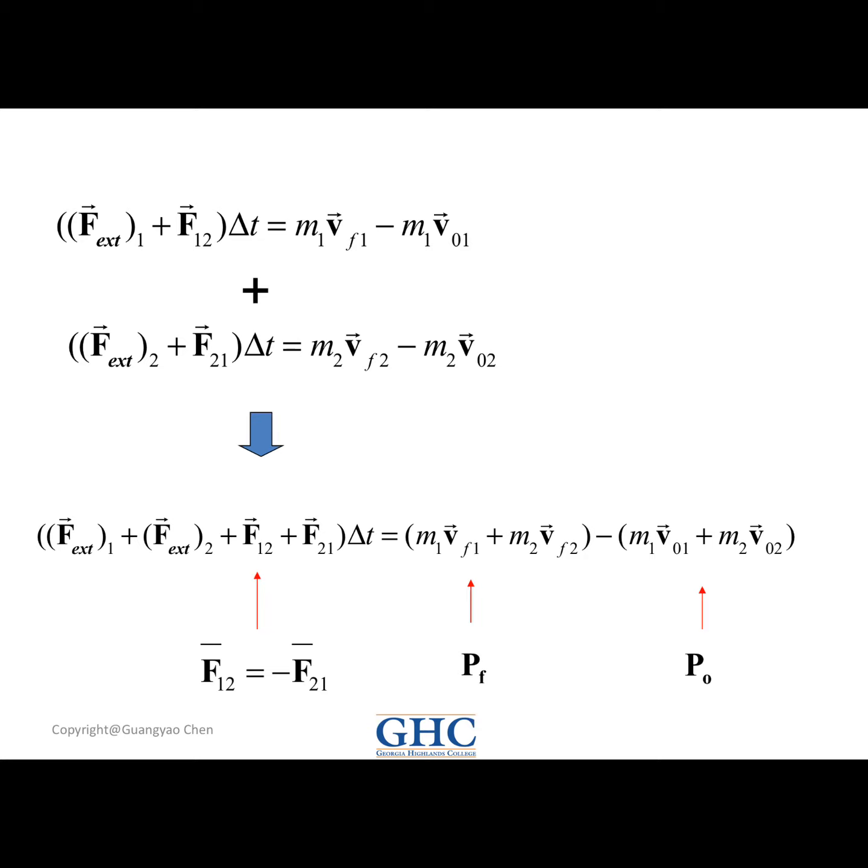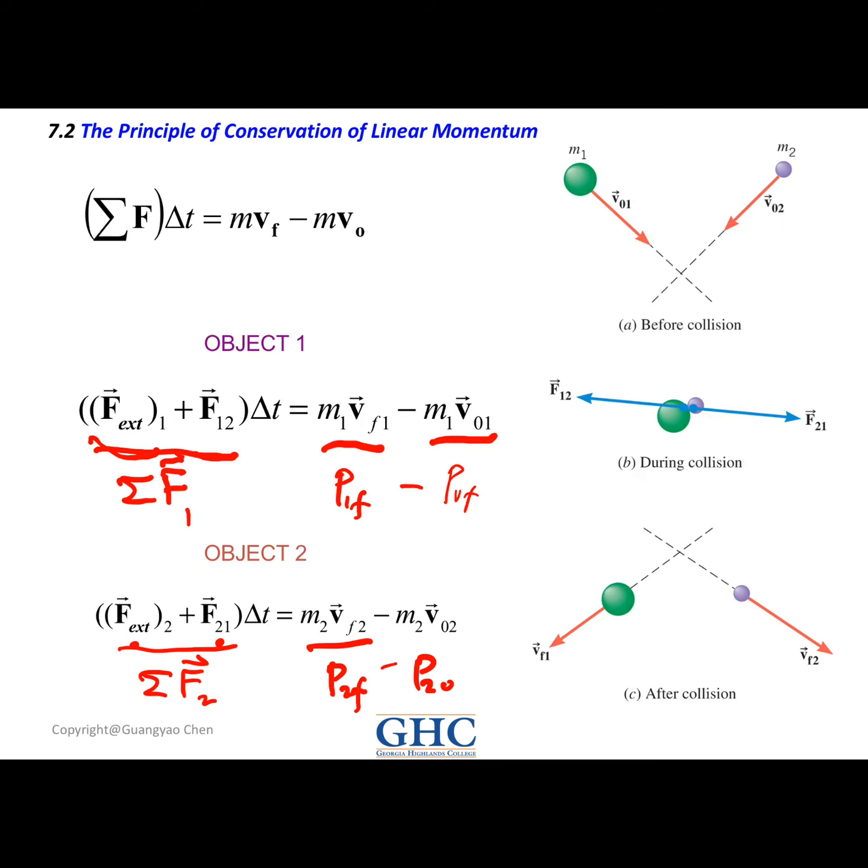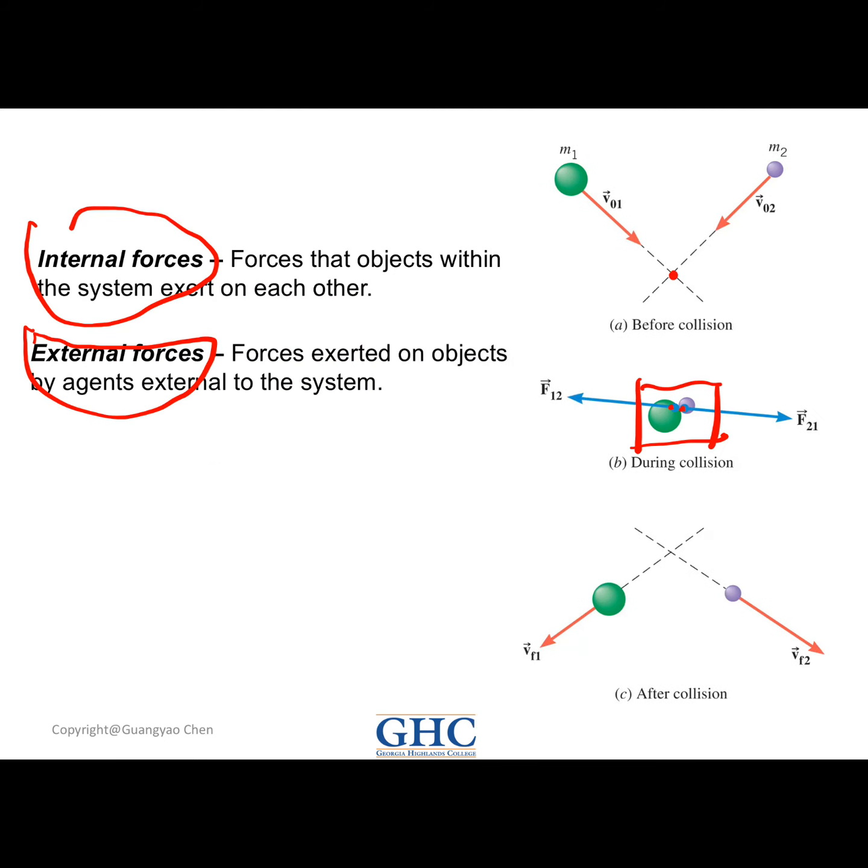Now, what's happening if you add those two equations together? So we're arriving at this equation. However, we know the force between ball 1 and ball 2 is an action-reaction pair from Newton's third law.